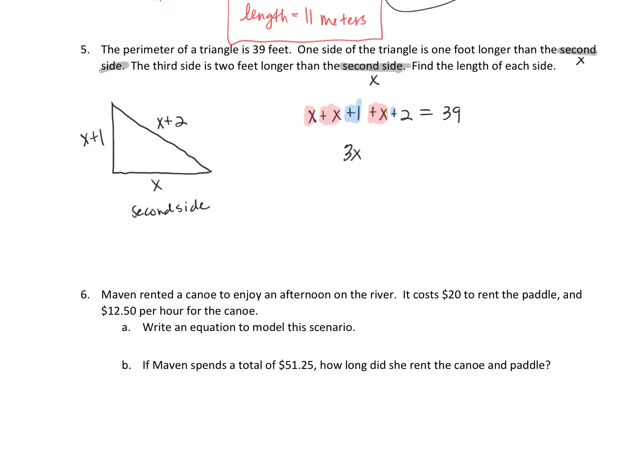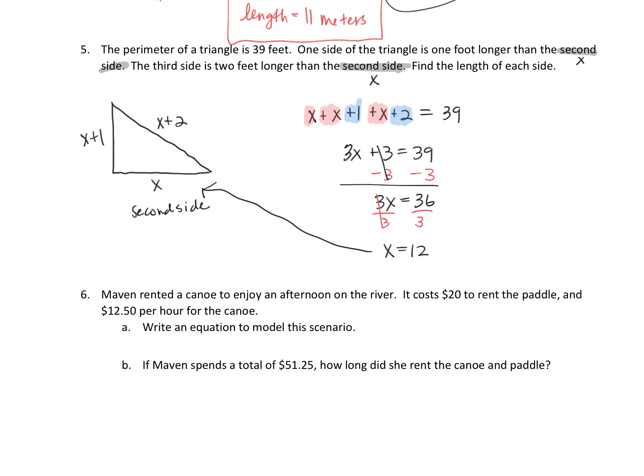I have a 1 and a 2, so when I combine those, I get 3, and that's equal to 39. To solve, I'll start by subtracting 3 from both sides, and I'll get 3x is equal to 36. And I will divide by 3, and I get x is 12. So 12 represents the second side.